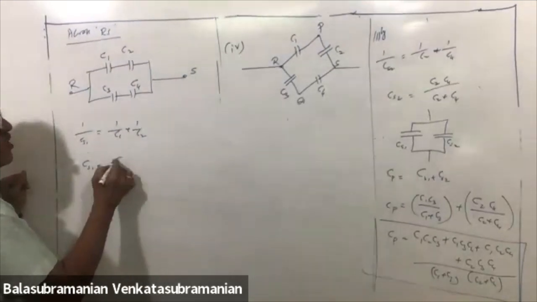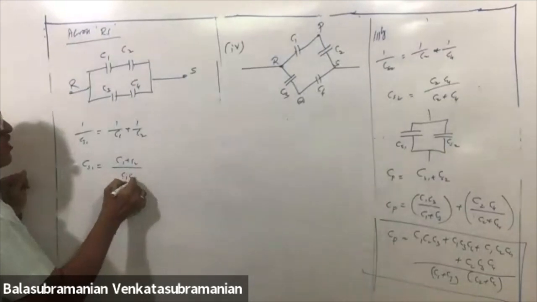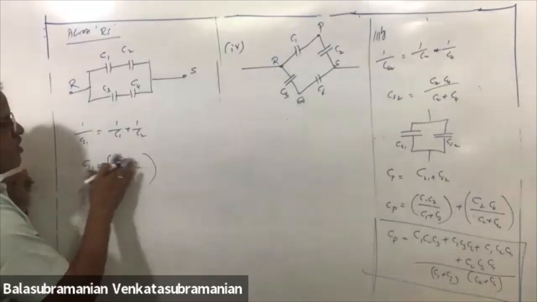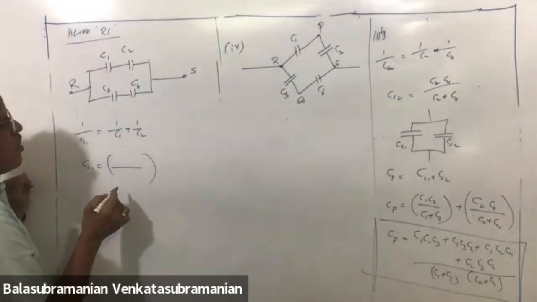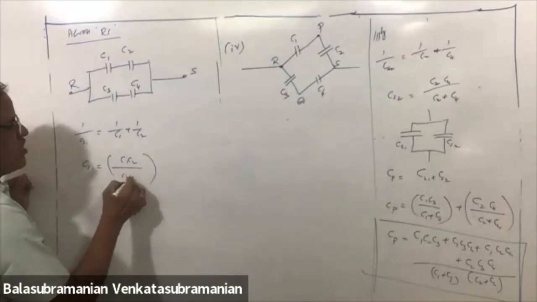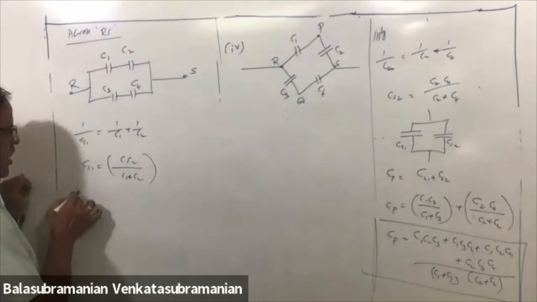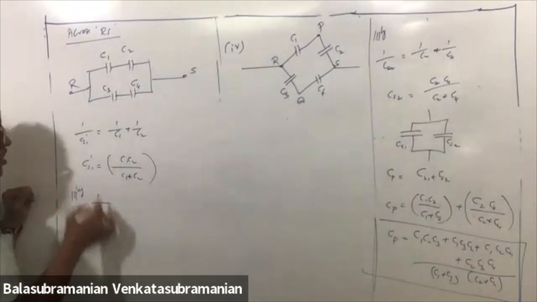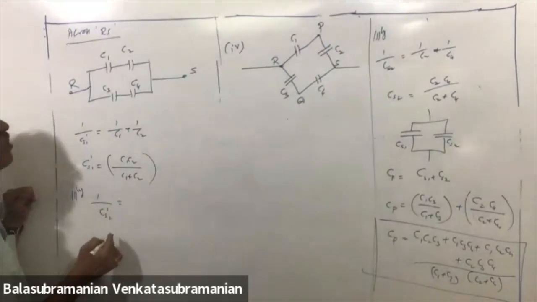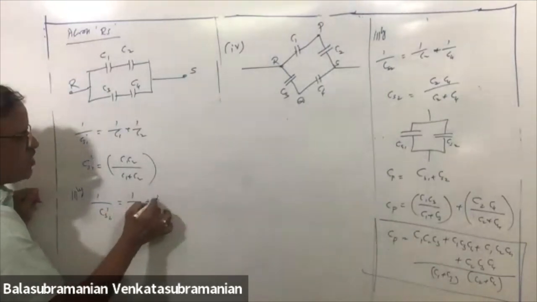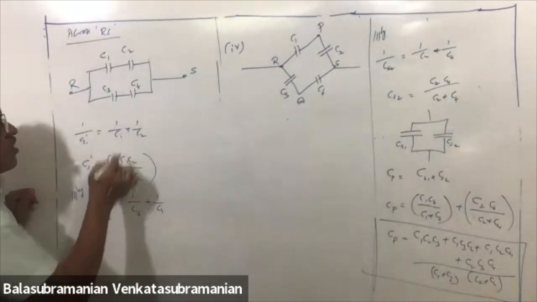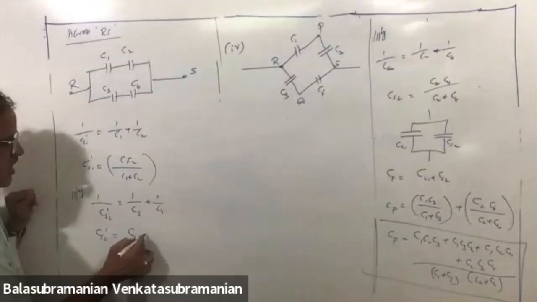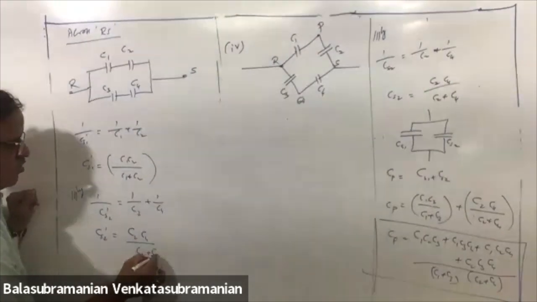CS1 dash is C1 C2 by C1 plus C2. Similarly, for these two, 1 by CS2 dash is 1 by C3 plus 1 by C4. CS2 dash is C3 C4 by C3 plus C4.